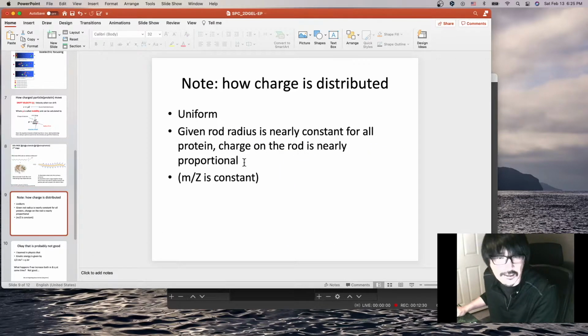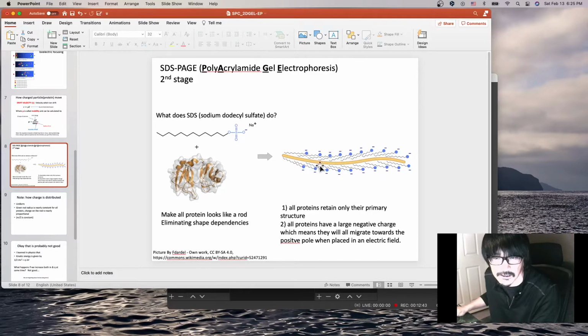Then in that case, m over z is constant. The mass divided by charge is constant because the negative charge is uniformly distributed. The longer rod has a large mass, and you divide by its charge number, which should be equal to the short rod with a small mass divided by the small number of charges associated with it. So it's going to be constant.